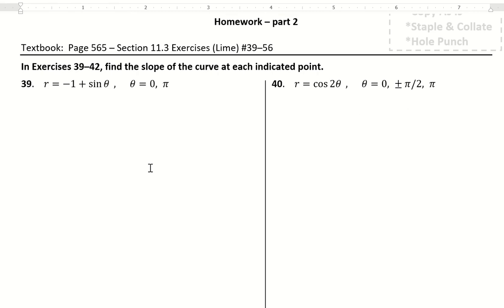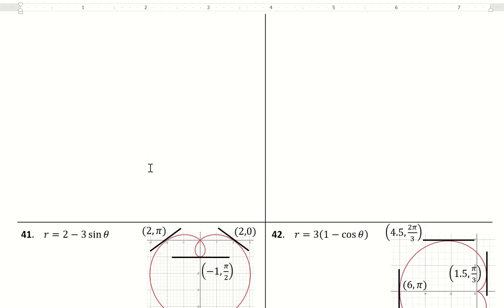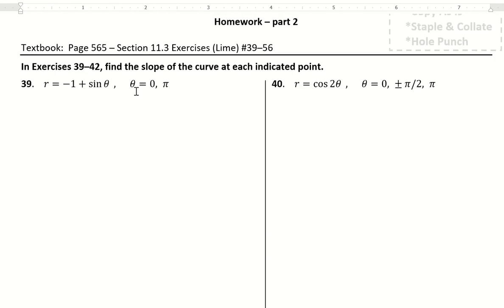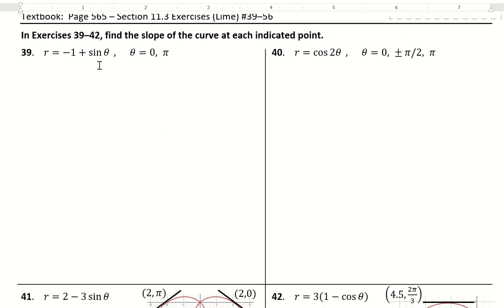So 39, 40, 41, and 42, you're going to find the slope of the curve at all of these theta values. So you're going to find what x equals and what y equals, doing that whole parametric deal, and then you have to do that crazy dy dx formula of dy d theta all over dx d theta.